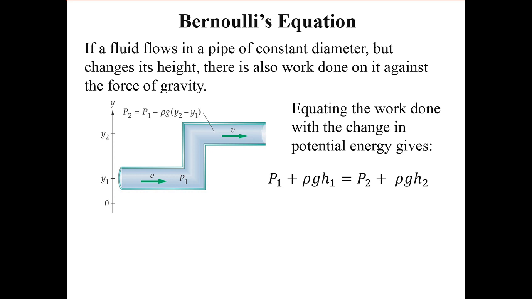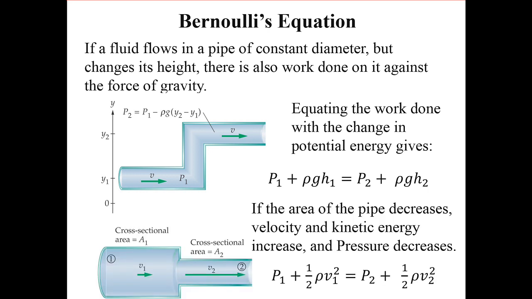What needs to change is the pressure. This means that the kinetic energy is exactly the same at the new height and at the old height. So pressure 1 plus rho g h1 is equal to pressure 2 plus rho g h2. That means if the height increases, the potential energy increases and the pressure decreases. If the height decreases, the pressure must increase.